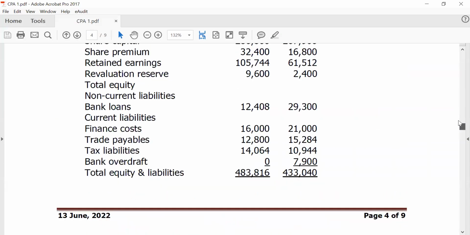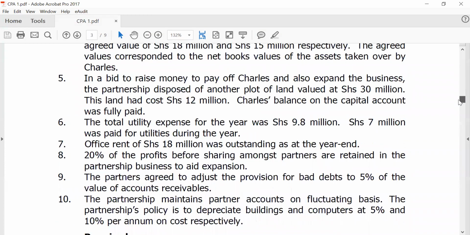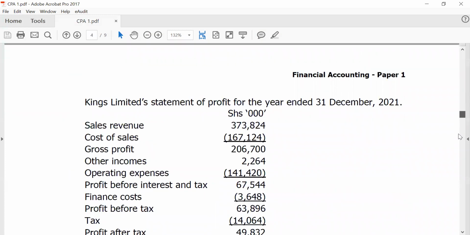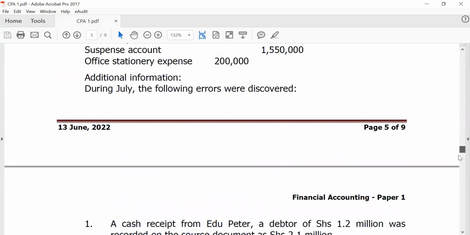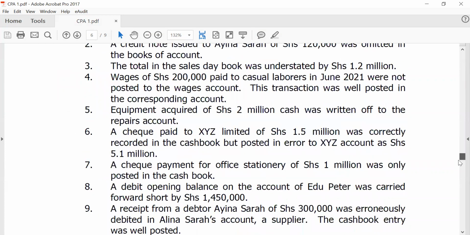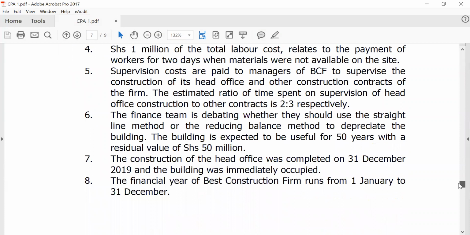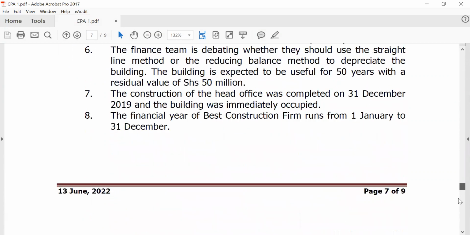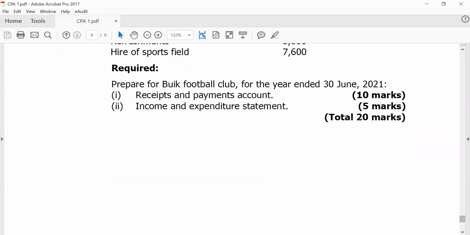When it comes to the accounting equation, I want to find a question here that I can use to show you exactly how a transaction can be affected by the accounting equation. We have something here. Okay, this does not have the papers as we should have.